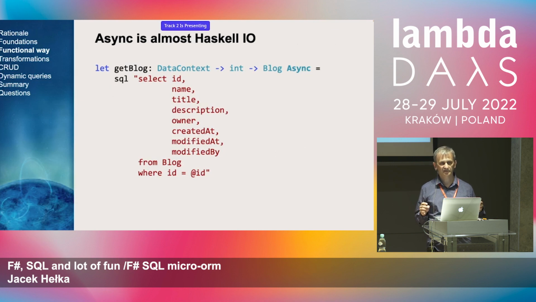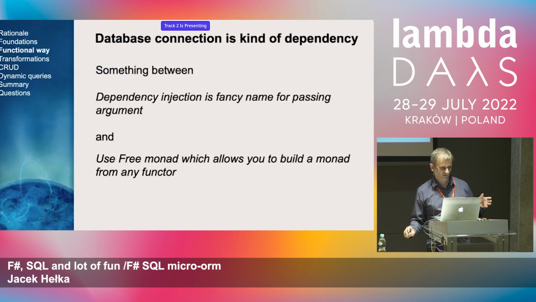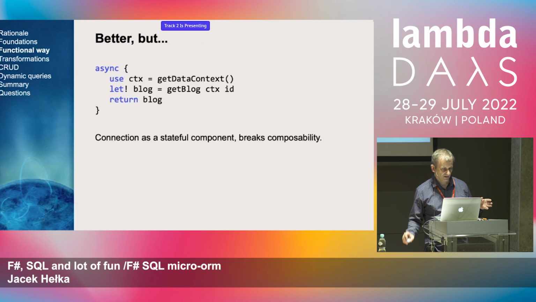It is async, a more technical name. And it seemed that it was enough to make this mechanism of building data access functions support async. So it's nice, but it's not enough.